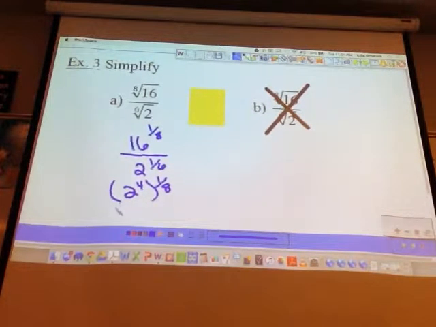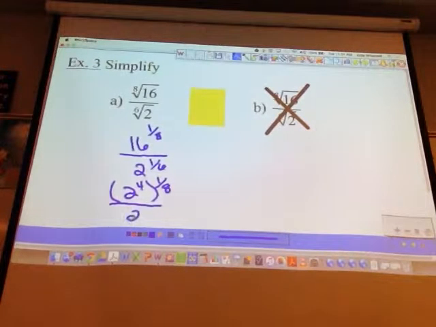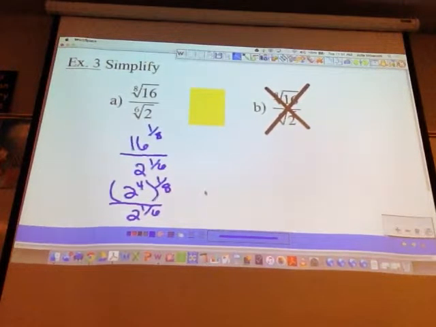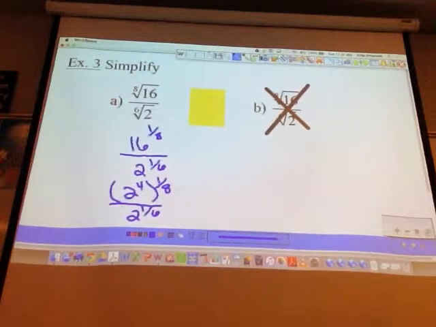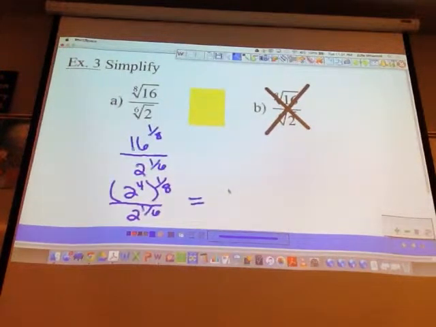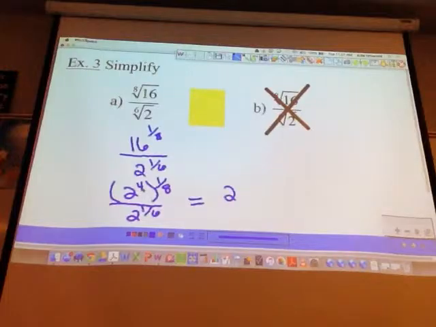And then we have over here 2 to the 1/6. There's just so many different ways that you can handle it. What's 4 times 1/8? Does anybody know? 1 over 2, right? Because the 4 is on top, the 8 is on the bottom, and the 2 stays on the bottom. So that's 2 to the 1/2.